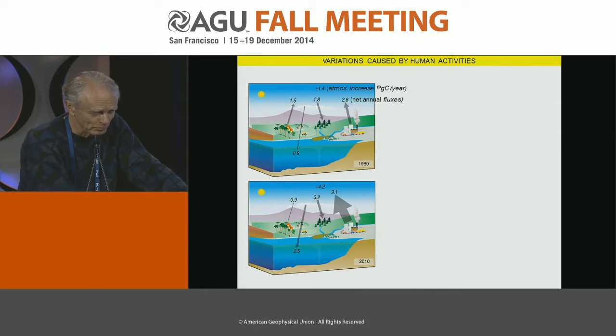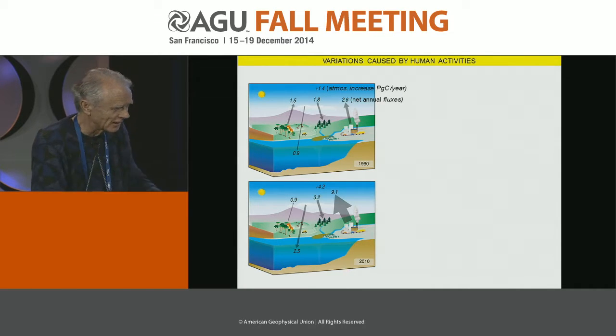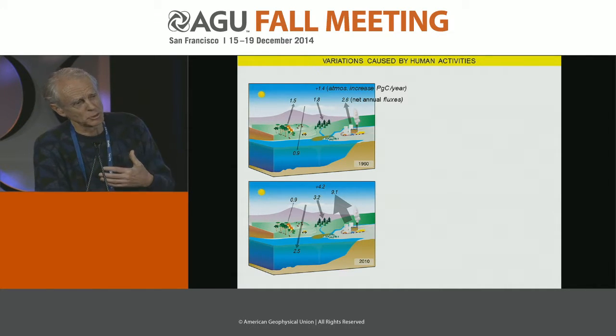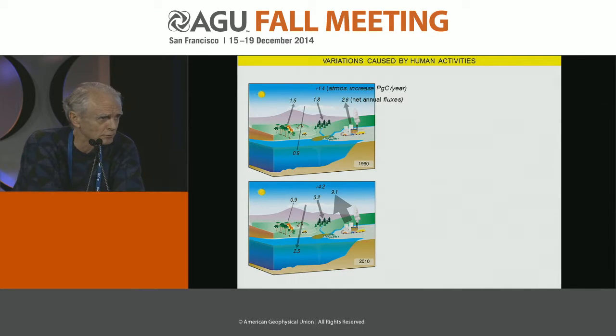And here in cartoon form is what I just showed you in the last 4 slides, roughly a carbon budget, an atmospheric carbon budget in 1960 and in 2010, 50 years later. The width of the arrows is proportional to the size of the flux. You see, as we go forward in time, that the fossil fuels have truly come to dominate the carbon cycle completely.